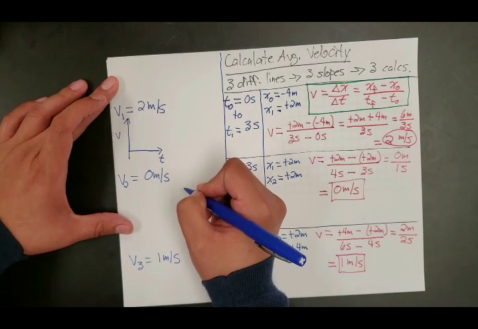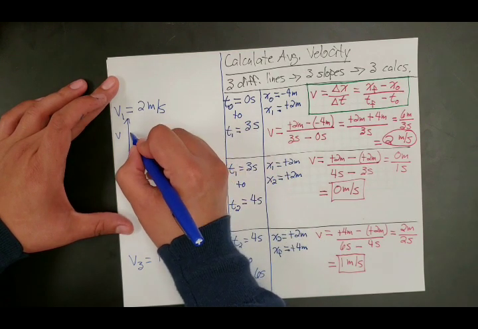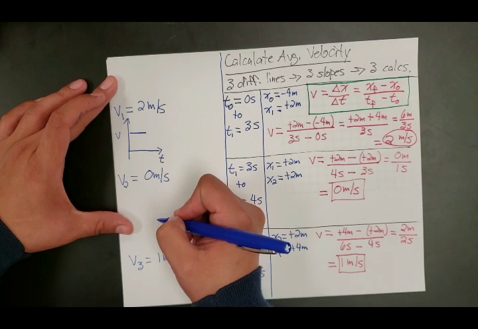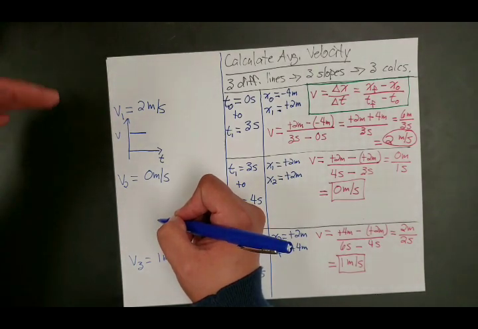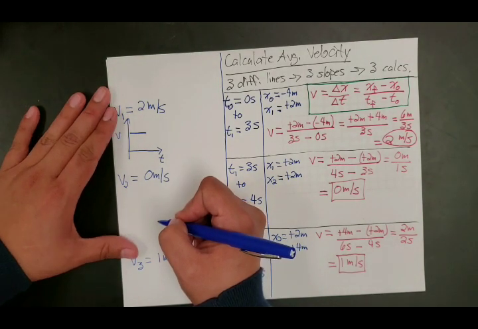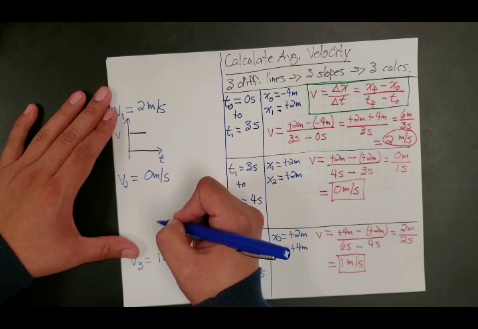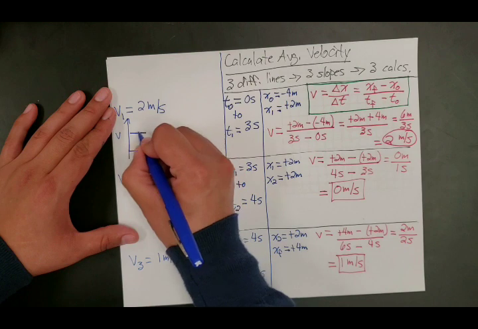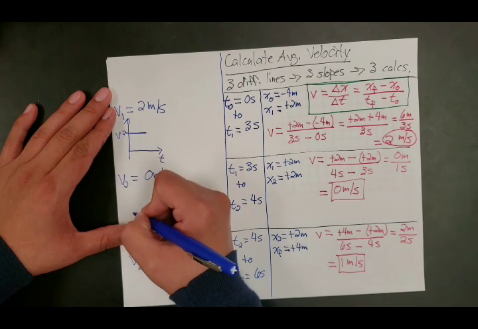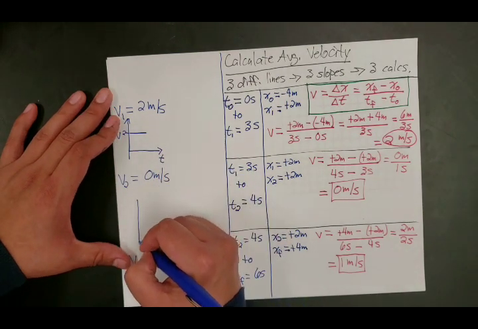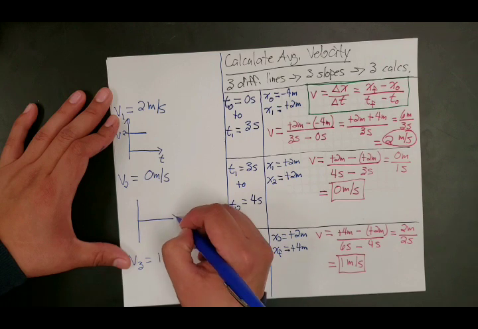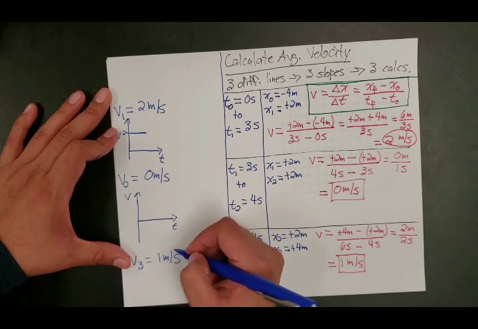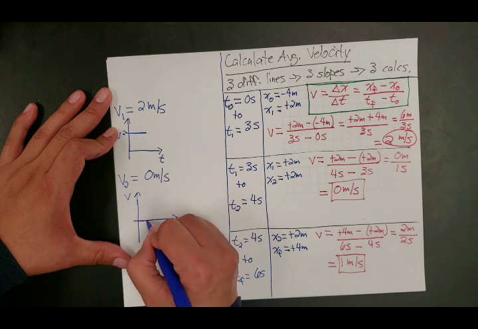So if the velocity over time is not changing, then we're going to have a straight line on our graph, right? So just thinking ahead before we even actually make our graph, what we should expect is a straight line for each of these. This straight line is going to be at 2 meters per second. This other graph over here, time and velocity, is going to be at 0 meters per second.